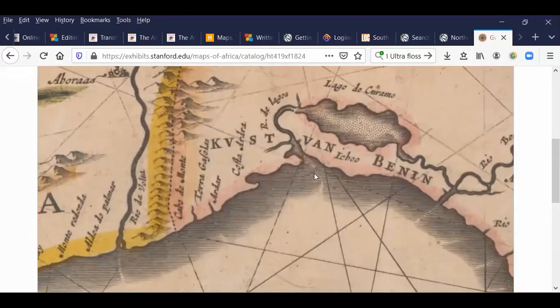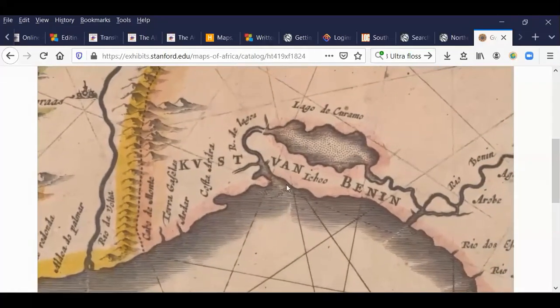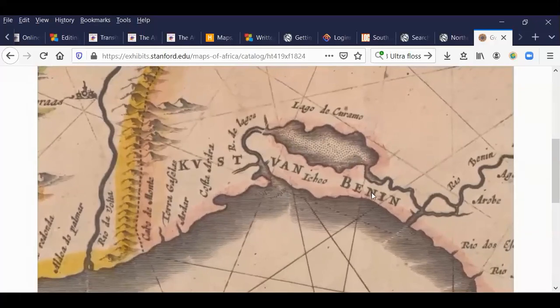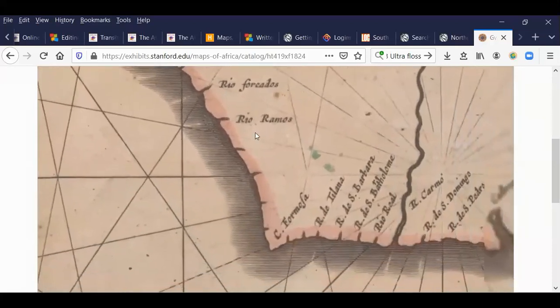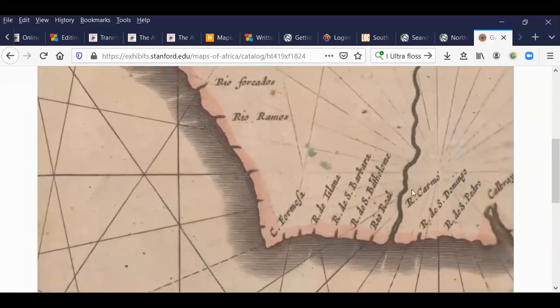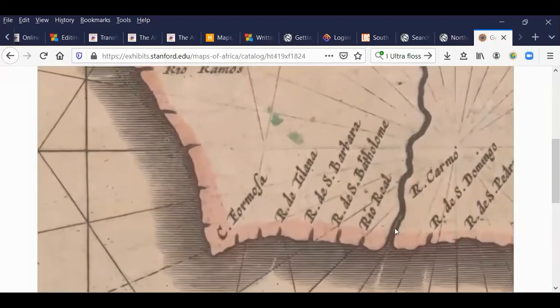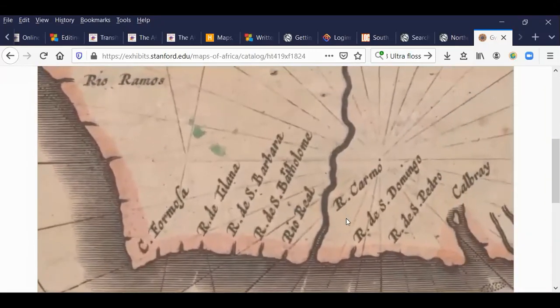The importance of the Benin coast, as it's referred to by the Dutch, Kust van Benin, the coast from Benin, is very interesting, and the interior waterways are indicated here, as are the waterways down by what's known as the Rio Real, later known as Calabar.